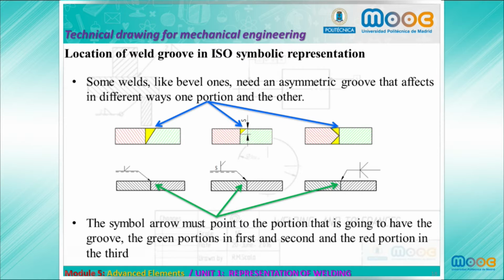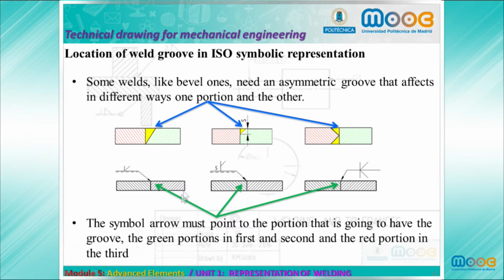Location of the groove in ISO symbolic representation. We have already spoken that some welds, like bevel welds, need an asymmetric groove that affects in different ways one portion or another of the welded part. In ISO symbolic representation, the arrow must point to the portion that is going to have the groove.